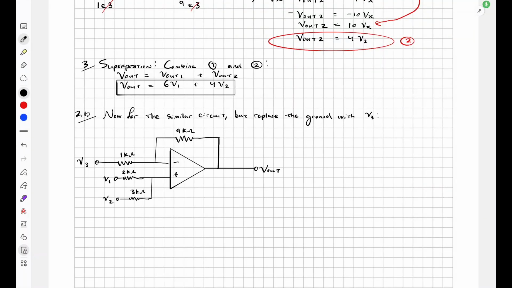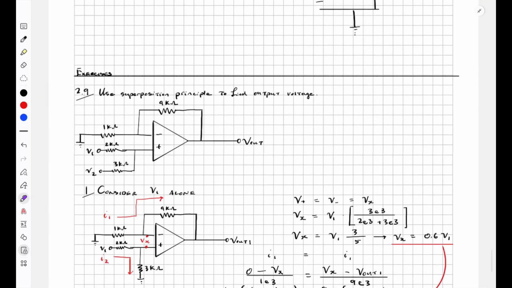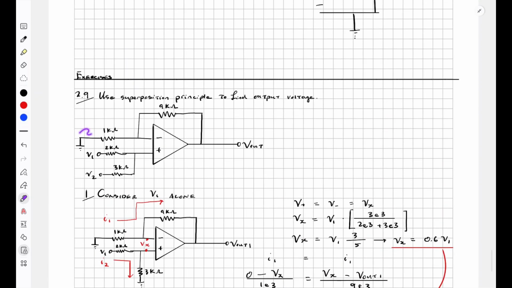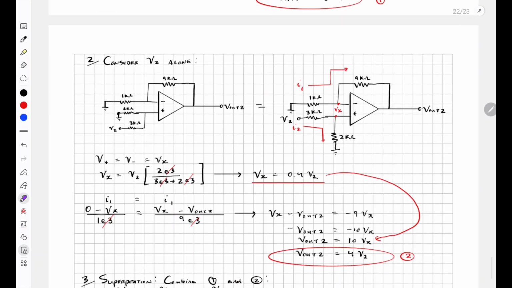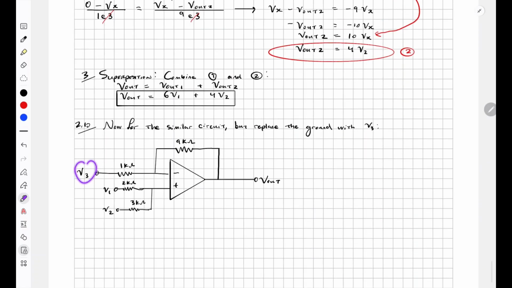Now in this problem, it is asking for us to solve a very similar circuit, but what was once the ground in the previous circuit that we solved now becomes an additional input called V3. How we can go about solving this is the exact same strategy.